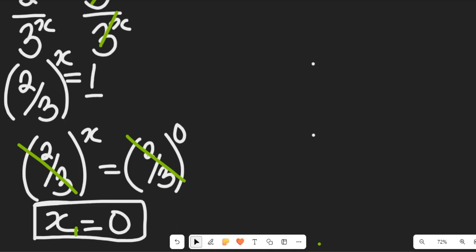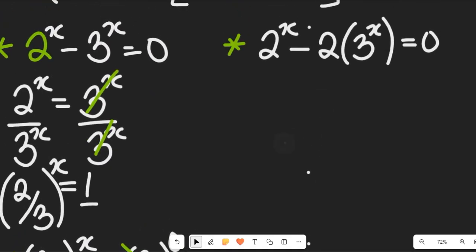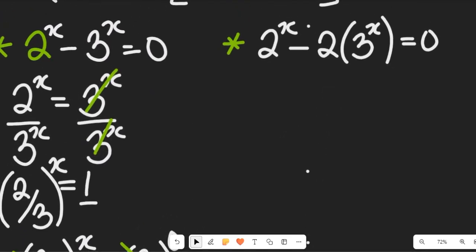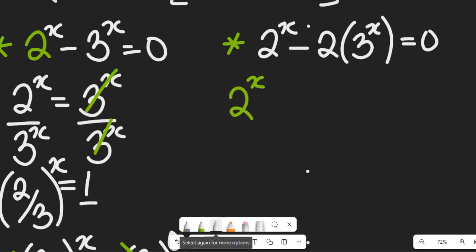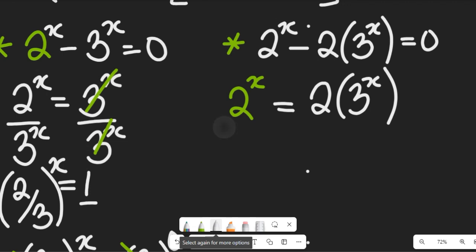From the second solution, we have the value 2 to the power of x minus 2 times 3 to the power of x equal to 0. Now let's take this one to the other side. If we take this one to the other side, we'll have 2 to the power of x equal to 2 multiplied by 3 to the power of x, right? Divide both sides by 3 to the power of x.